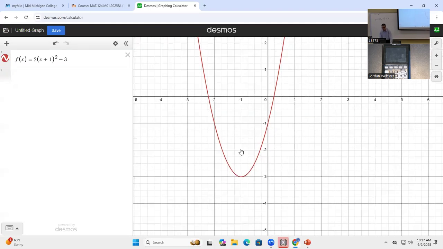Sure enough, that's the graph we got. 2 times the quantity x plus 1 squared, minus 3 gives me that vertex at -1, -3, and this point of 0, -1. Right, over 1, up 2.